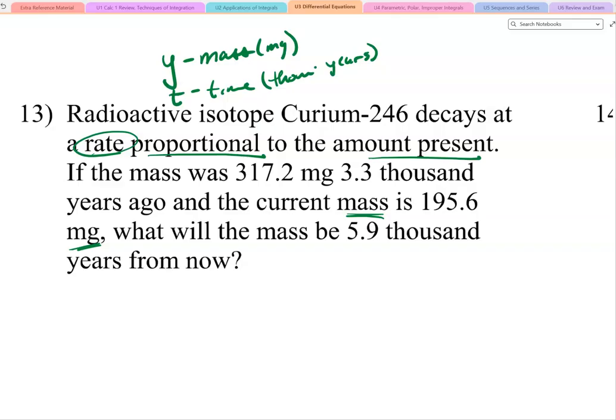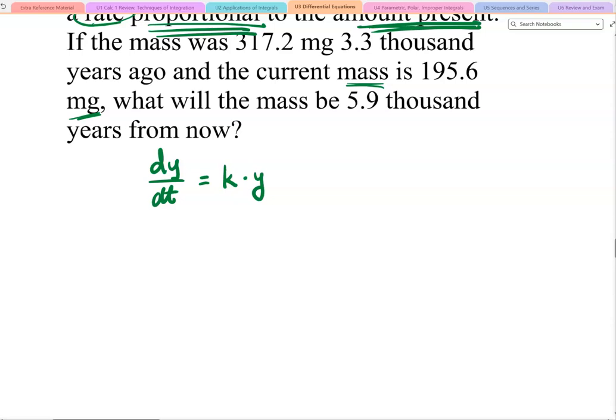But the rate of change, so the dy with respect to t, is proportional. Proportional is that clue that I know that there's some constant value that multiplies by the amount of material that's present. Well, we just said the amount of material present is equal to y. And so now we have ourselves a differential equation that looks like this, which is remarkably similar to what we saw a few moments ago.